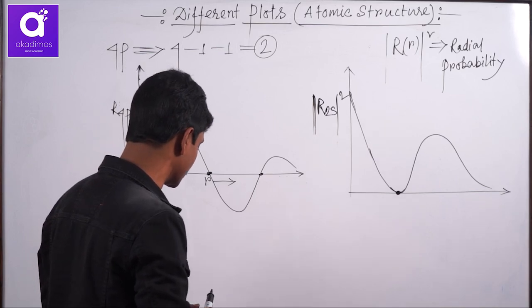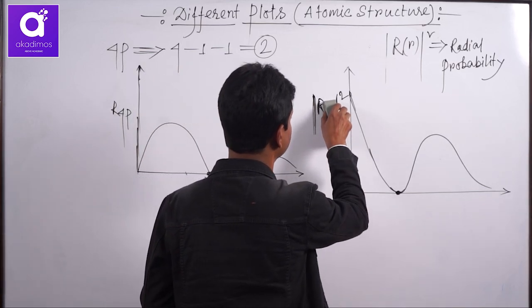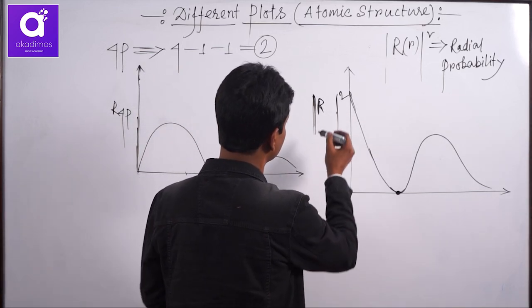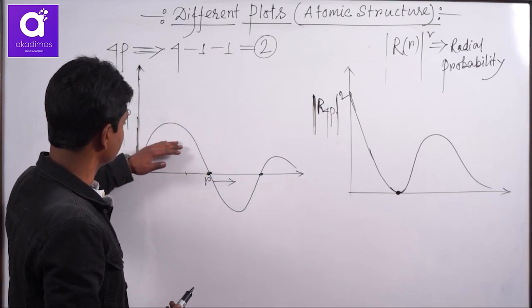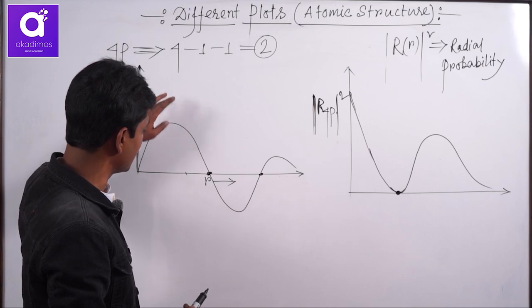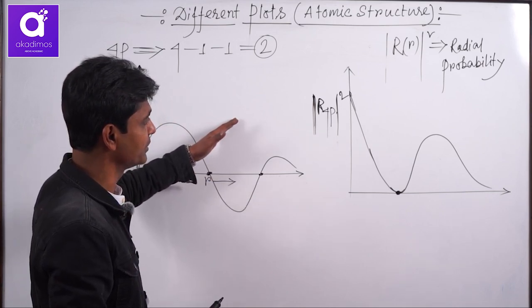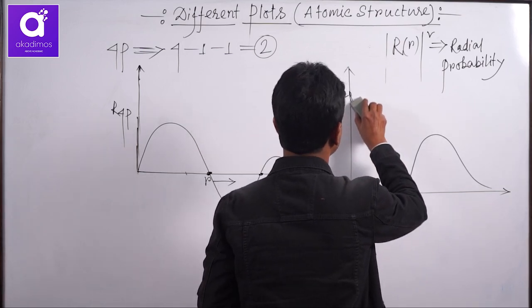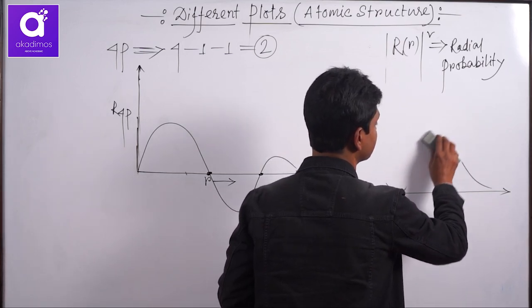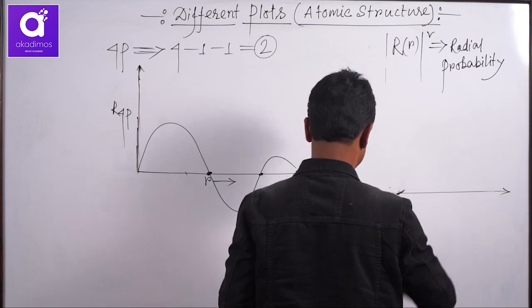Now I convert it into radial probability, 4p square. How will you get it? This is already plus, minus also will be plus since it is a square, an even function, and the plot looks like this one.